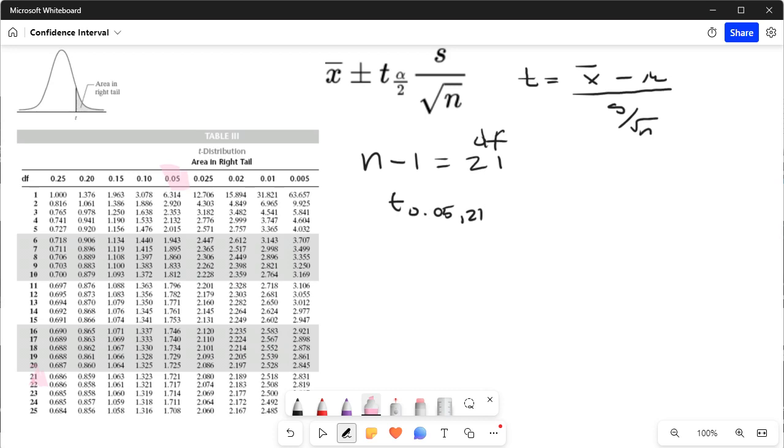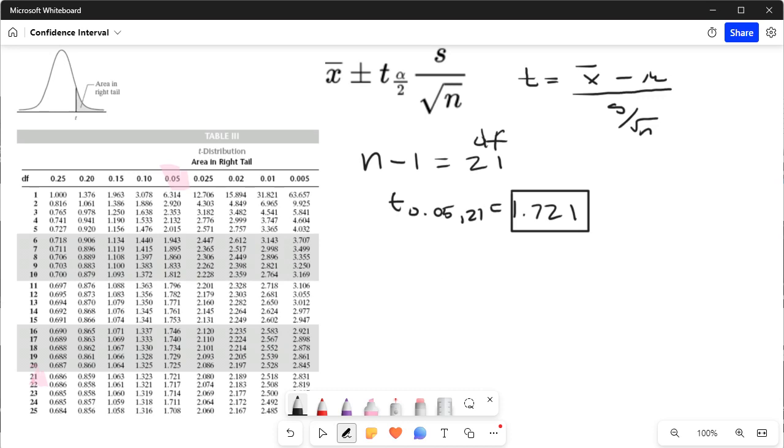We look for that, and we get 1.721. This means that the critical value for our t distribution, such that the area to the right is 0.05, is 1.721. So we could use this for any given t distribution and also for a confidence interval.